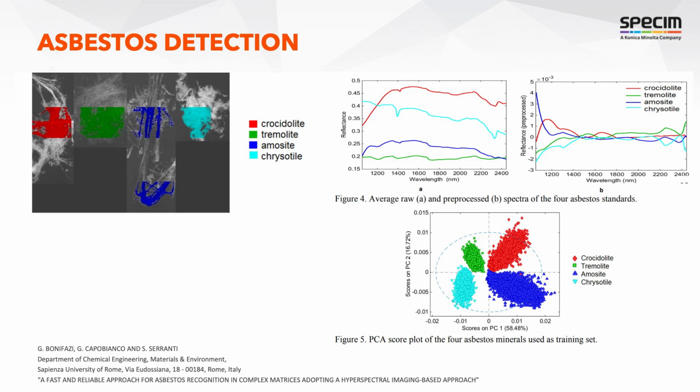Another type of application where SWIR is really beneficial is to investigate asbestos in concrete. Here it was a university in Rome who used our SWIR camera to investigate the different types of asbestos. You can find different types in concrete. Here you can see 4 different types of asbestos, and they could be mapped pretty accurately, again with the SWIR spectral camera, because the molecules' composition is not exactly the same.